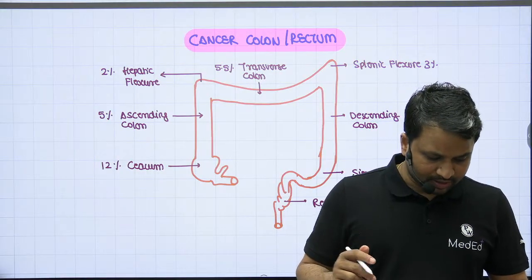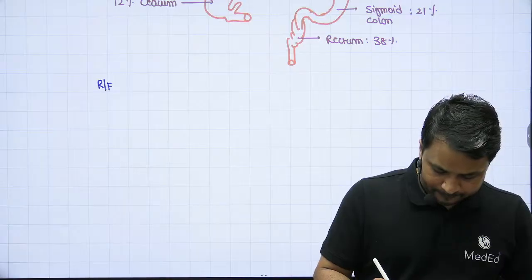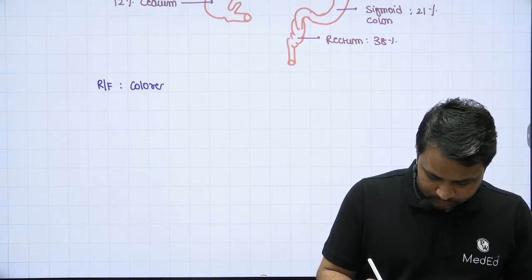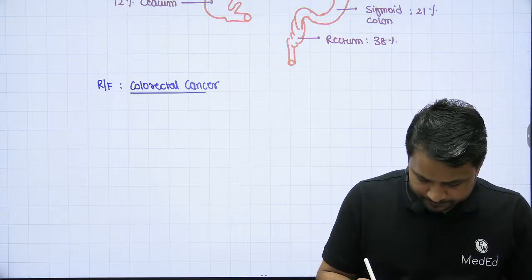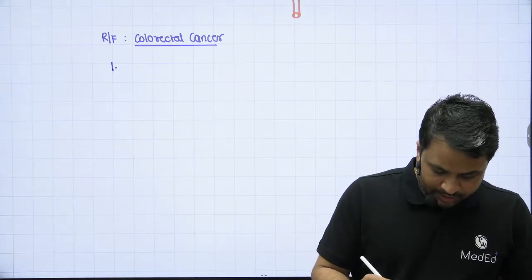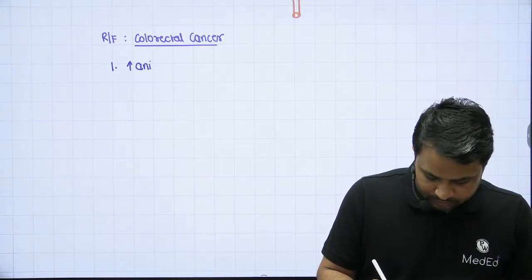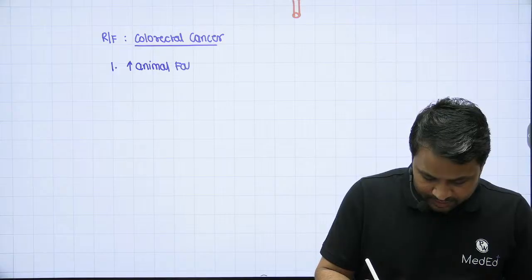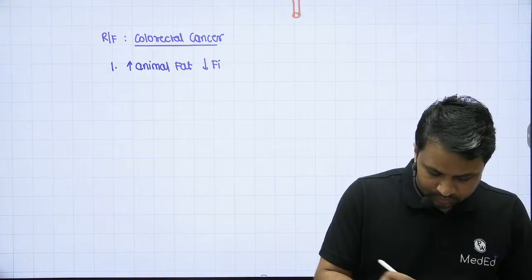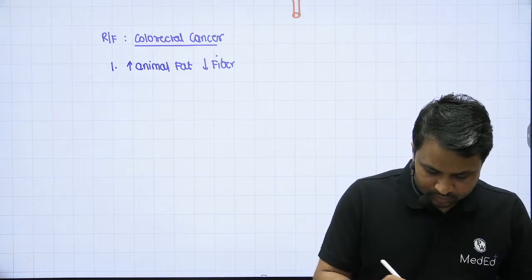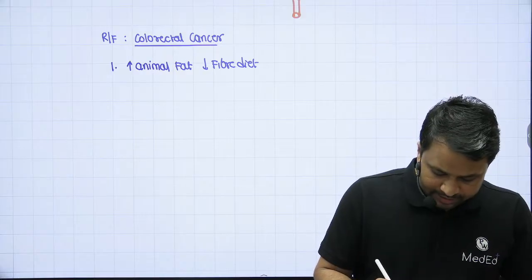Now what are the risk factors that you're looking at? The risk factors for colorectal cancers. Number one, it is a dietary risk factor, that is increased animal fat and low fiber diet.